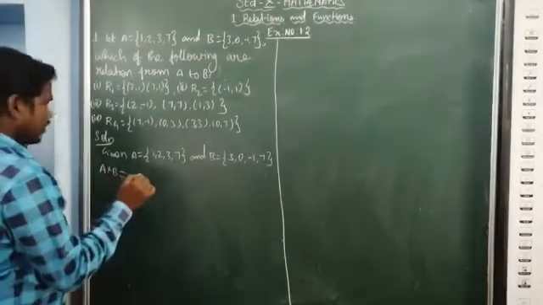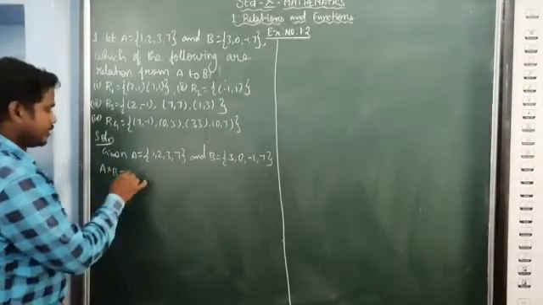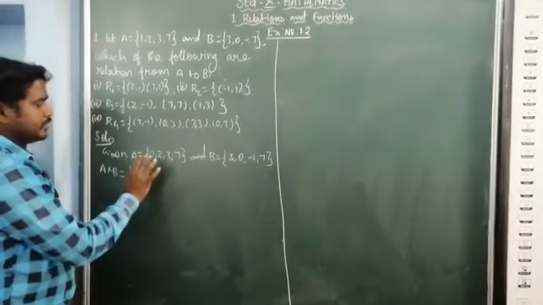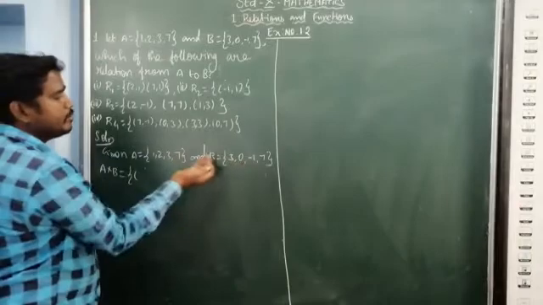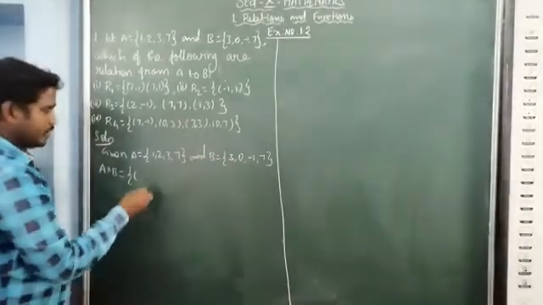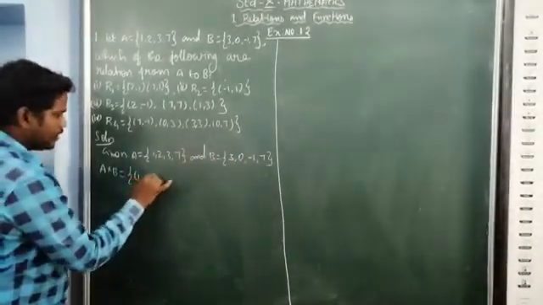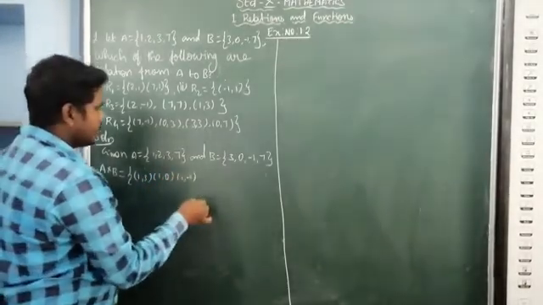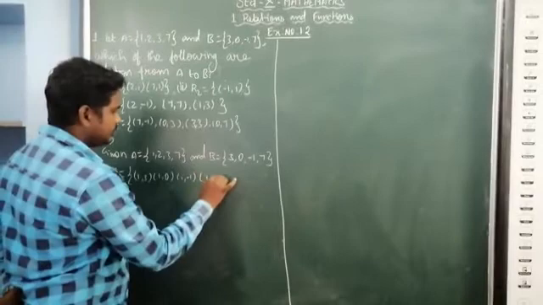How to find it? The Cartesian product. The Cartesian product means take the first element of A and pair it with the elements of B, and write them as ordered pairs. Therefore (1,3), (1,0), (1,-1), (1,7).